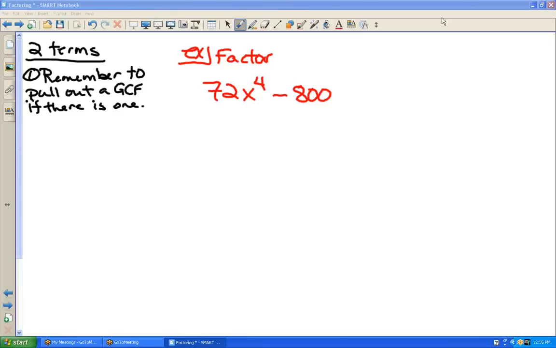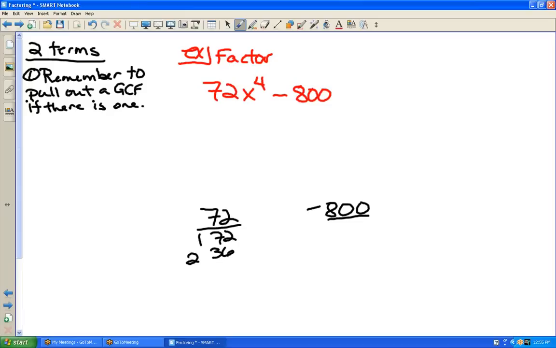my coefficients. Now there isn't a letter for both of them, so I don't have a letter to pull up for GCF. So if I'm looking at just the numbers, 72 and minus 800, totally nice. Looking at my factors, 1 and 72, even, so 2 and 36, 3 and 24, 4 and 18, 5 doesn't go in there, 6 and 12, 7 doesn't, and 8 and 9.